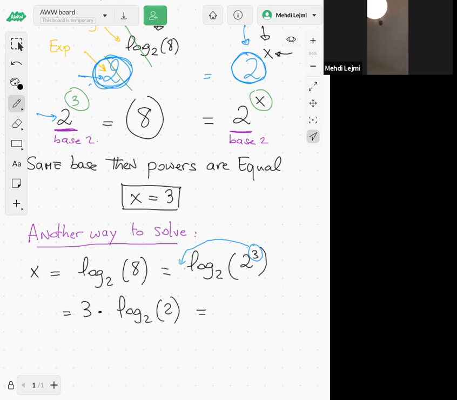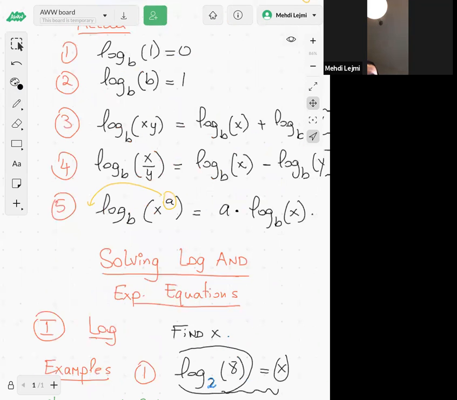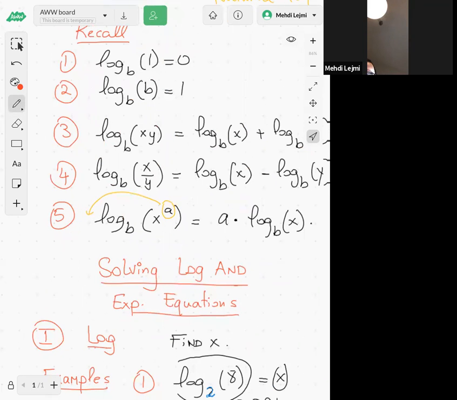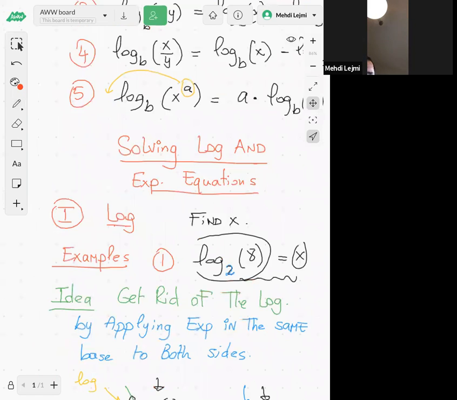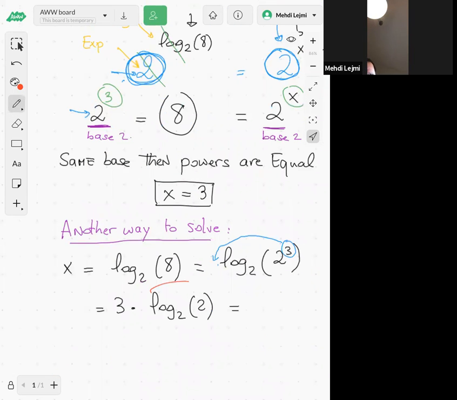And log in base 2 of 2 is like log in base b of b, the second property here, which is 1. So the answer is 3 times 1, and that's 3.